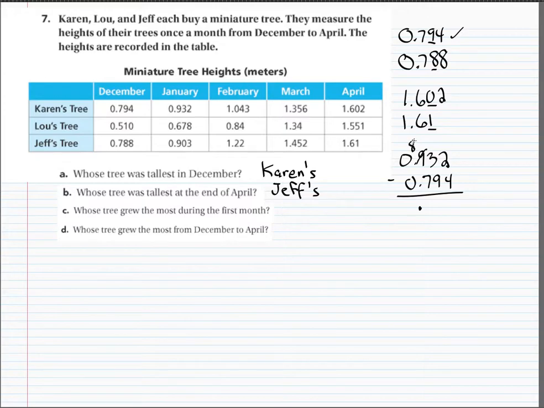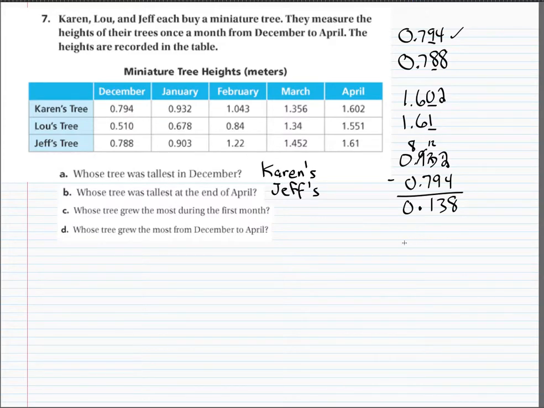If I borrow here, the 13 becomes a 12. 12 minus 4 is 8. 12 minus 9 is 3, and 8 minus 7 is 1. 0 minus 0 is 0. So the difference for Karen's tree from one month to the next was 138 thousandths. All right, now the next we have Lou's tree.